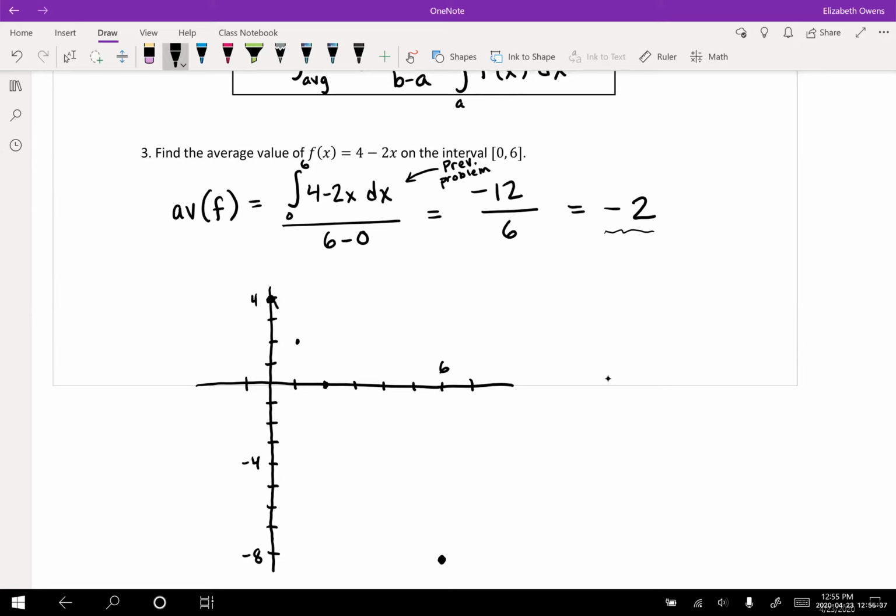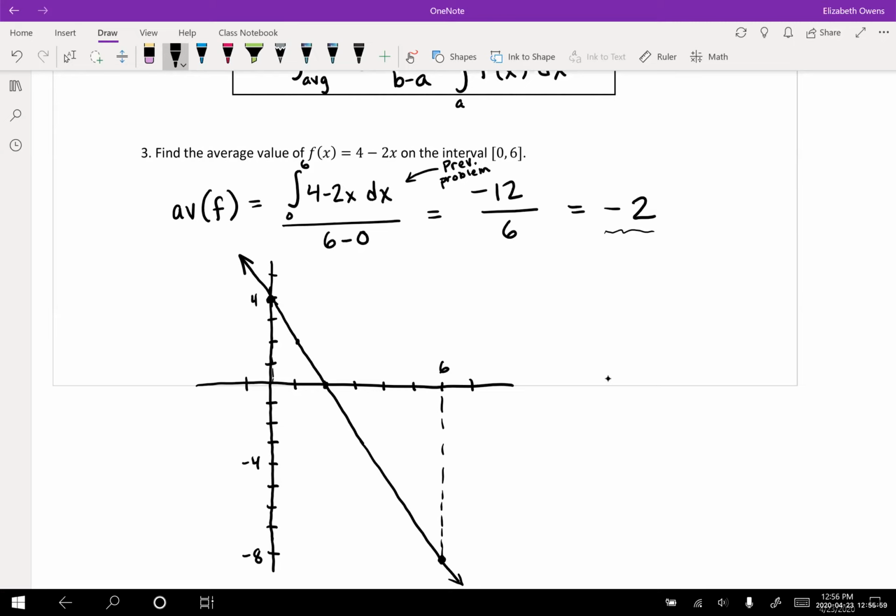I wish this was a faster process. Sorry. Okay. There we go. Okay, so there's our function. And yeah, we're focusing still on that interval from x equals 0 to x equals 6 right there.